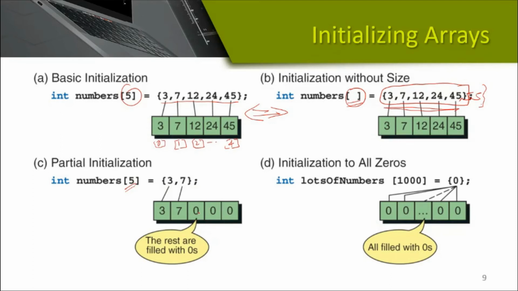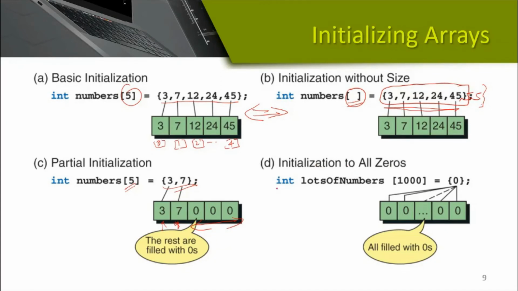That is, all the further locations will be filled with zeros. There are only 2 values here, 3 and 7. So the first 2 positions will take 3 as well as 7, and the remaining positions will be treated as zeros.